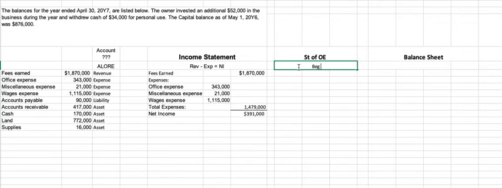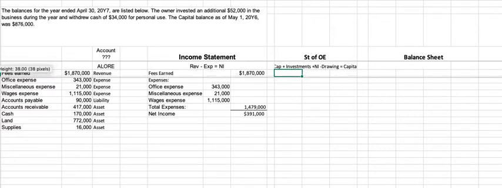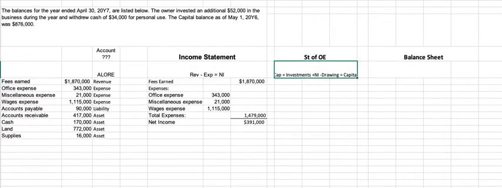So it's beginning capital plus any investments by the owner plus any net income minus drawing would give you capital at the end of the year. And I'm going to make this a little bigger here so we can see all that.